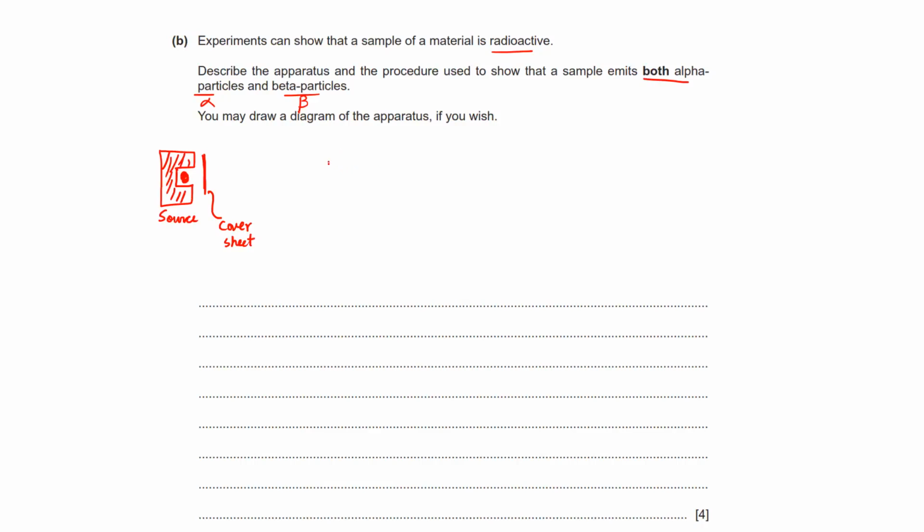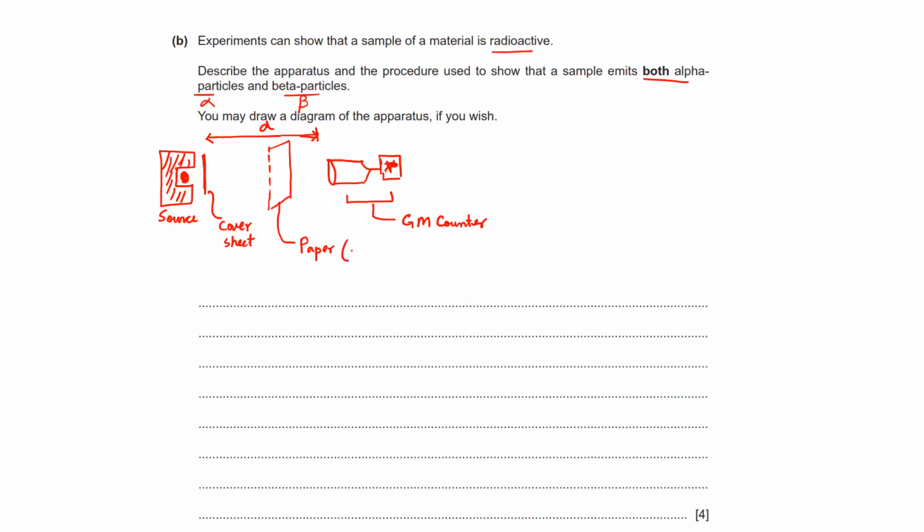Then I have my GM counter, Geiger-Müller tube, and this is placed at a respectable distance. I place a piece of paper here.